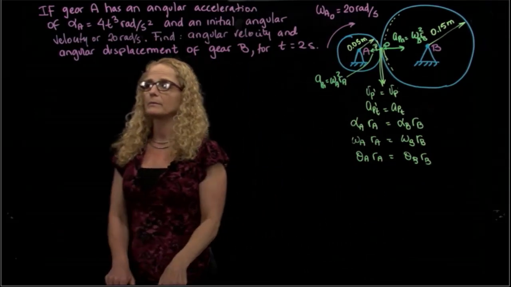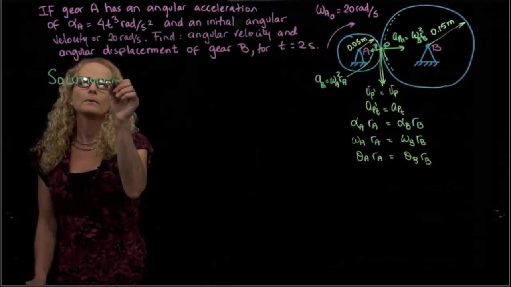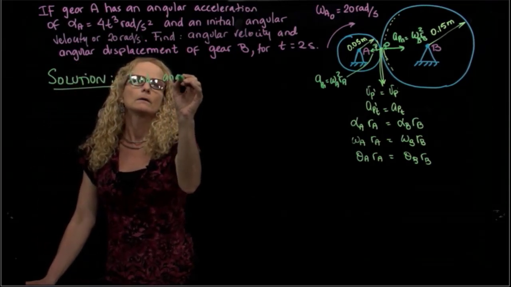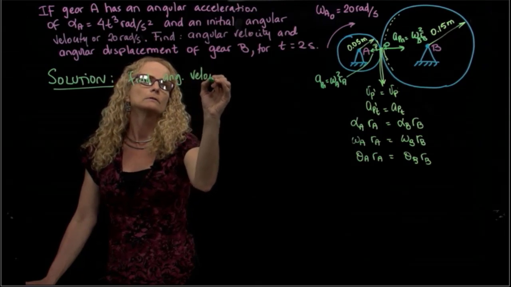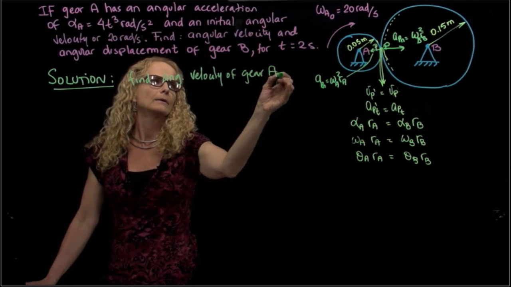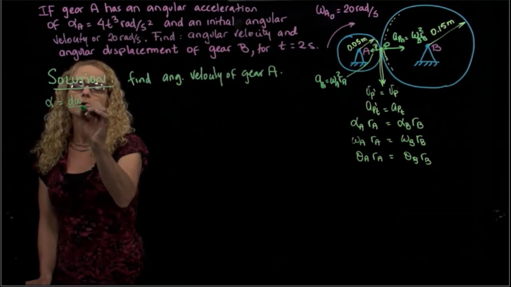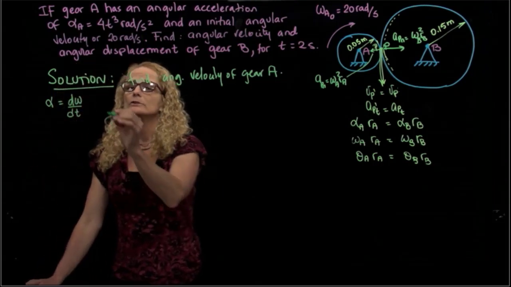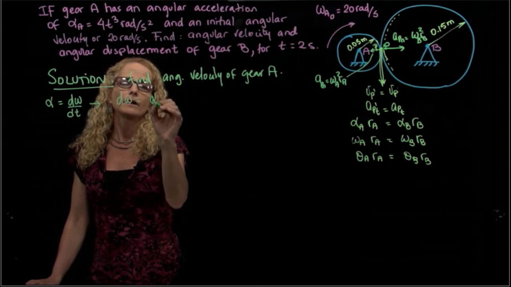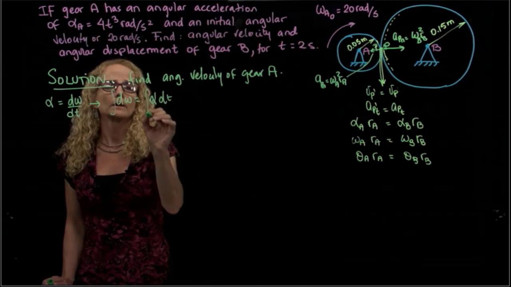So the first step for the solution of this example is to find the angular velocity of gear A. The angular acceleration is equal to the derivative of the angular velocity. So the change in angular velocity will be alpha times differential of time, and I can integrate both sides of the equation.